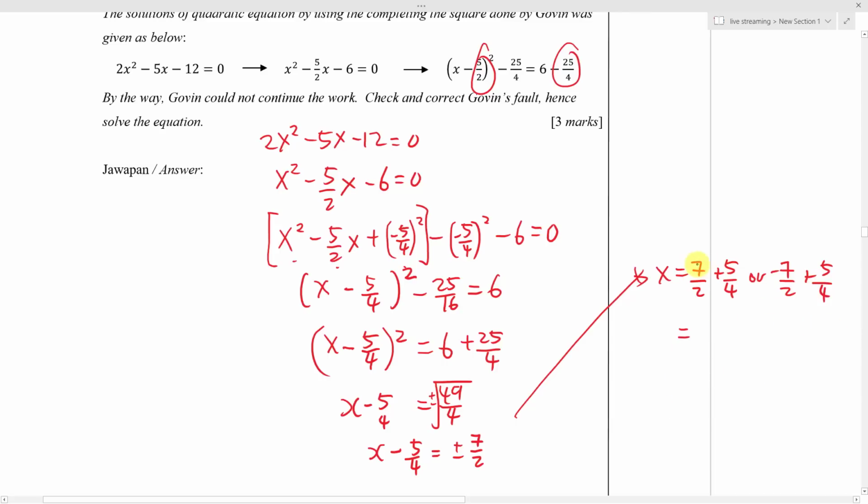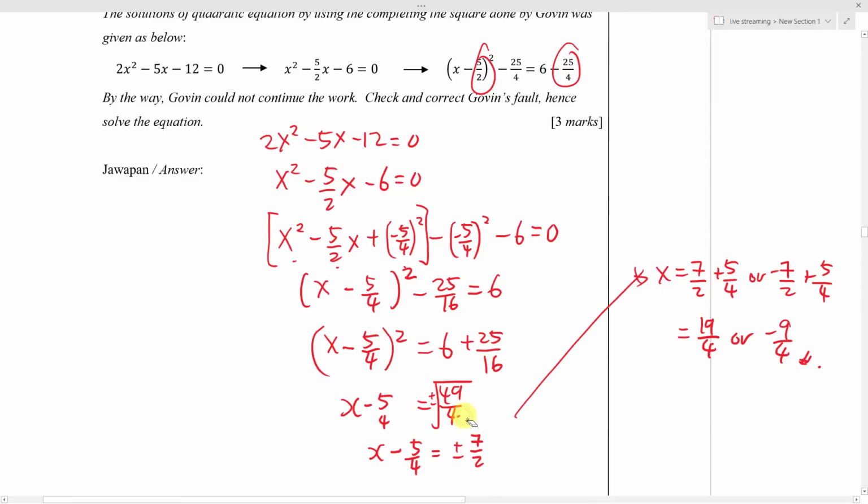Let's do, this one is 14 plus, this is 19 over 4. Or, this is 14, negative 9 over 4, isn't it? Yeah, I hope my answer is correct. It's a 16, isn't it? Yes.